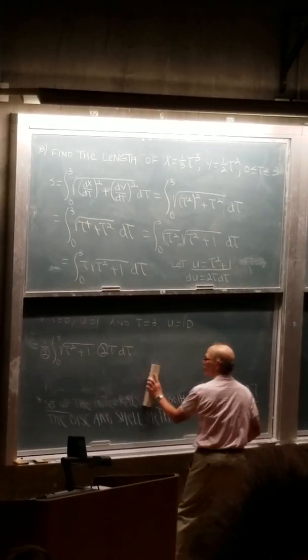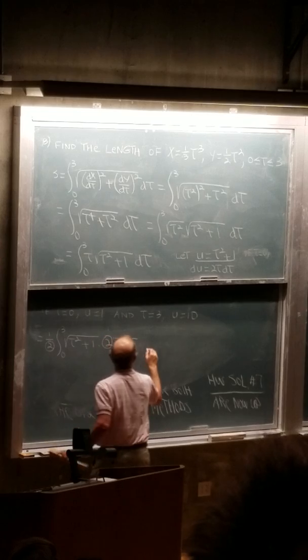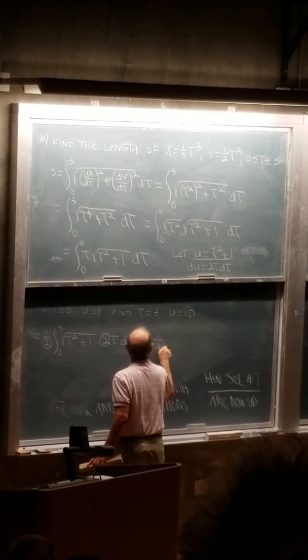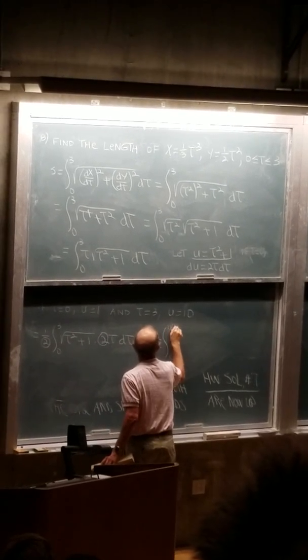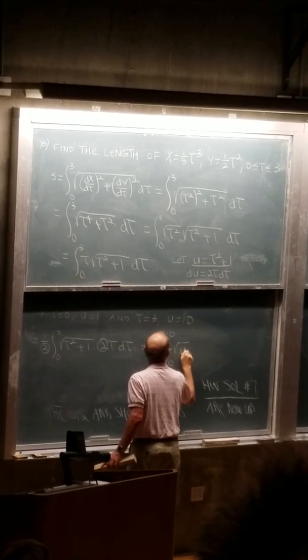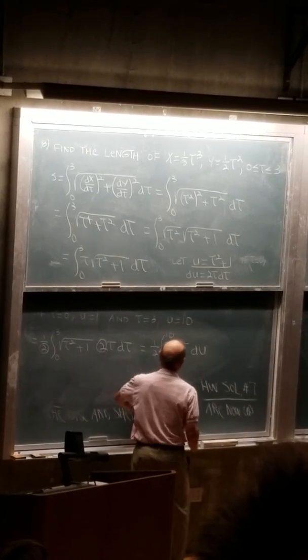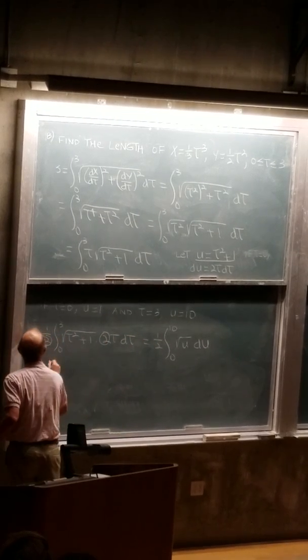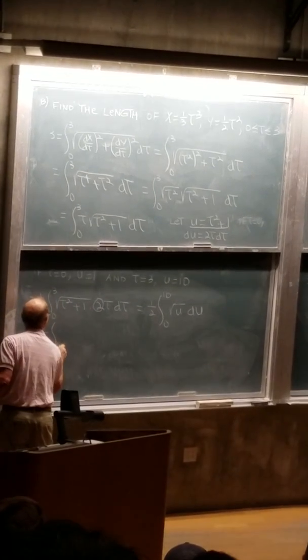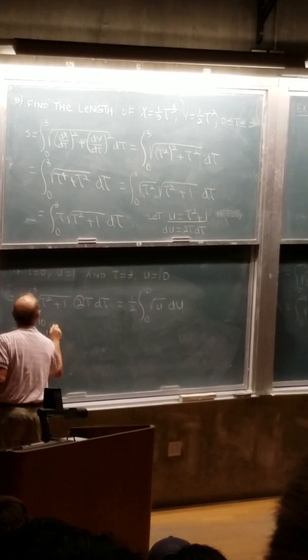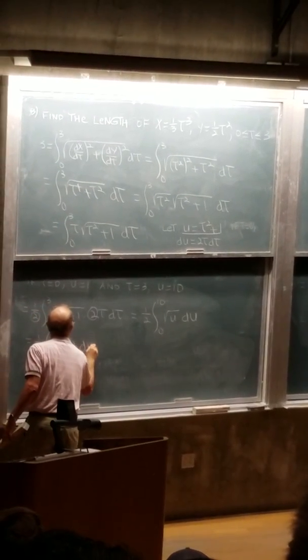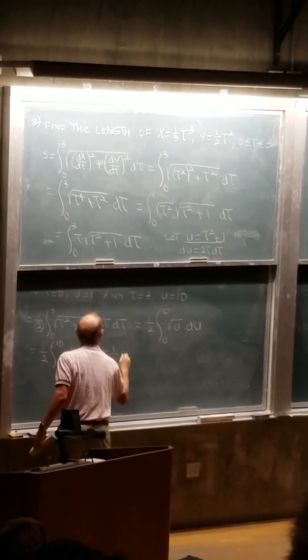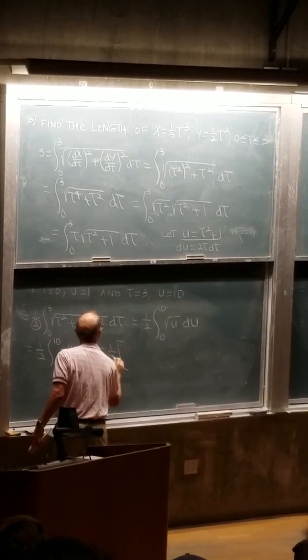And now we can write this in terms of u. In terms of u, we have 1 half the integral from 0 to 10 of the square root of u du. Now we can use the power rule to integrate because we have 1 half times the integral of u to the 1 half. So we get 1 half times 2/3 u to the 3 halves.